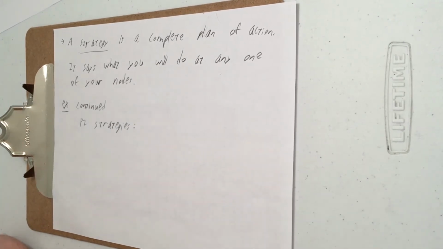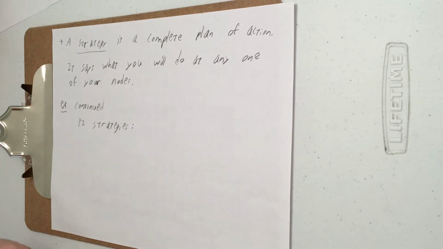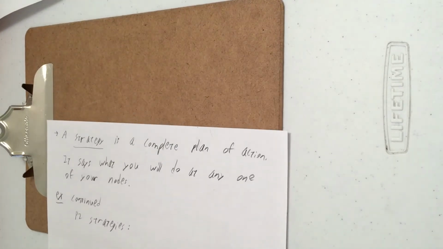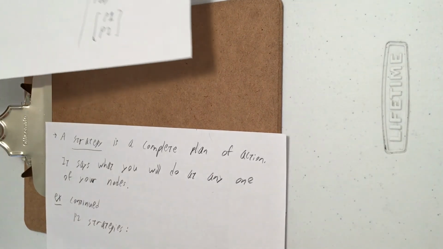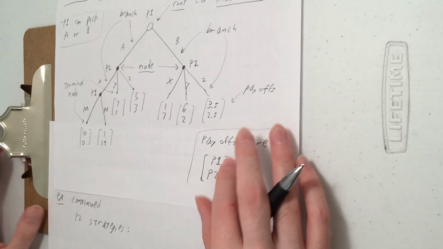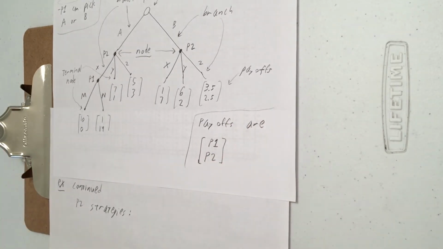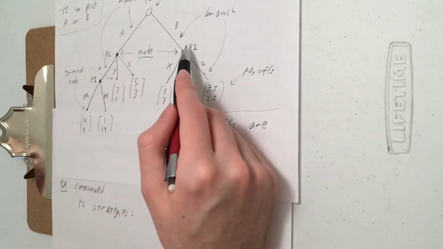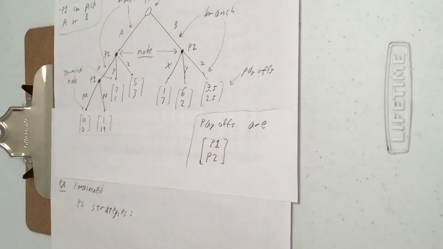So we'll list out all of player 2's possible strategies. They could play X if they're here, and also plan on playing X if they're there.